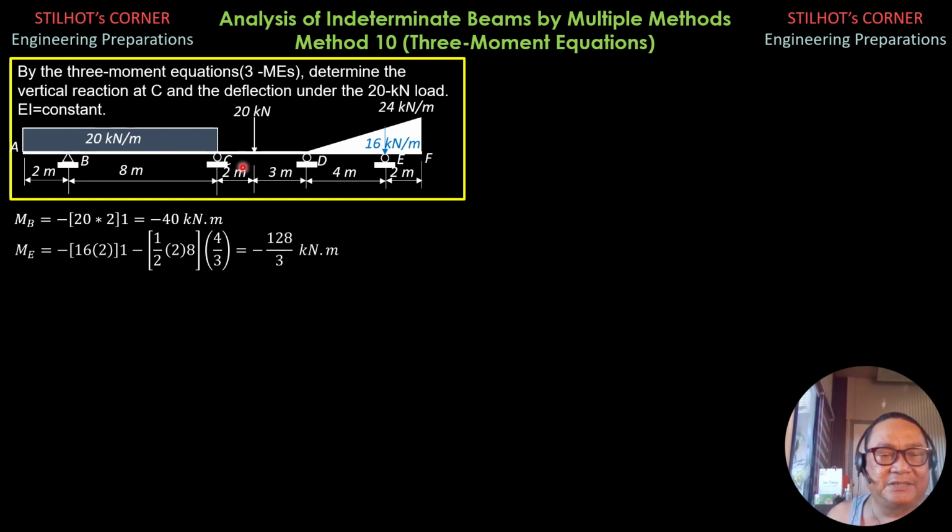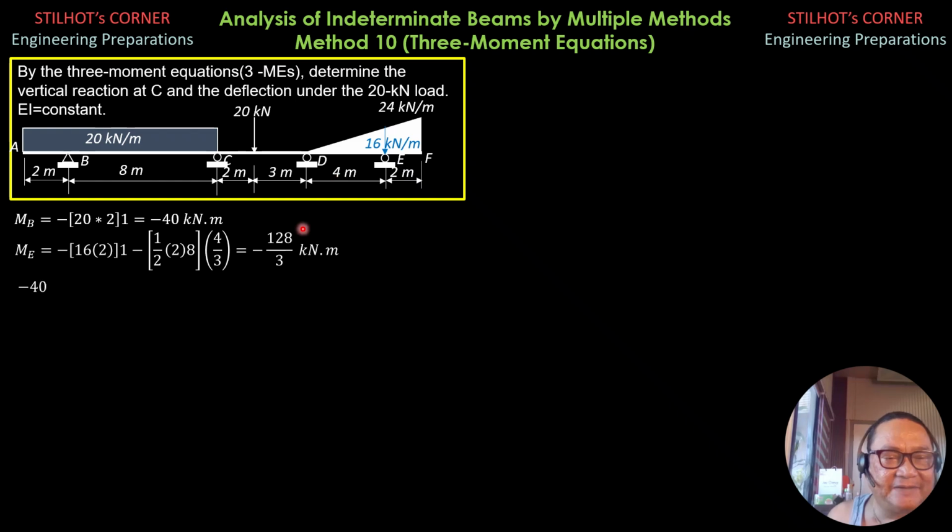And for 6 area 2B over L2, it's P times B, which is 3, over L, which is 5, quantity L square minus B square. Since the reference horizontal line is through the middle support and these are all supports, the horizontal line through C crosses both B and D, so hB and hD are 0.